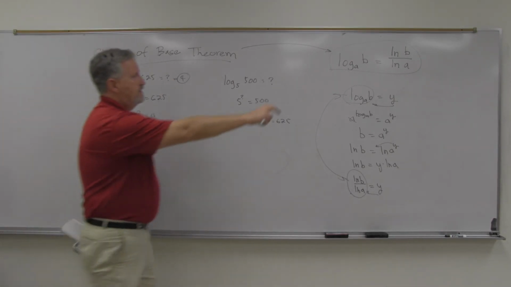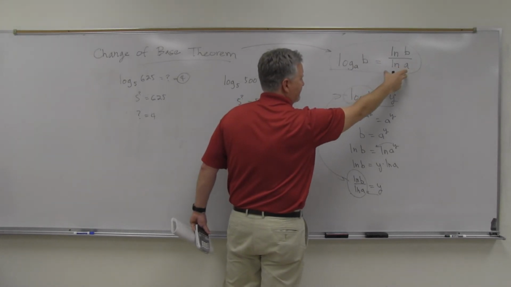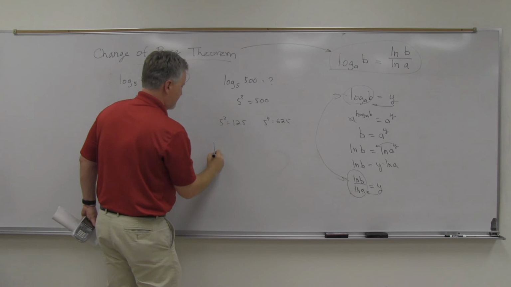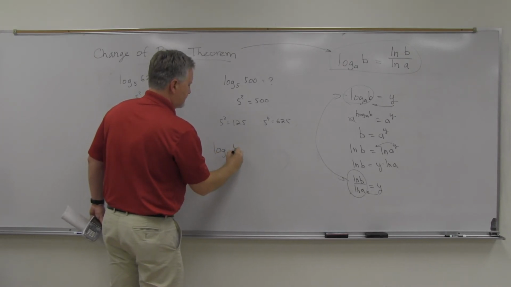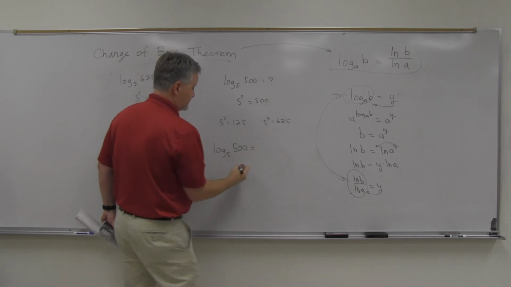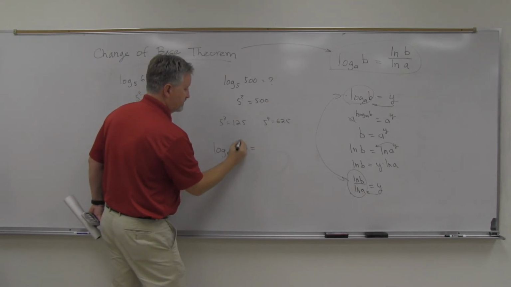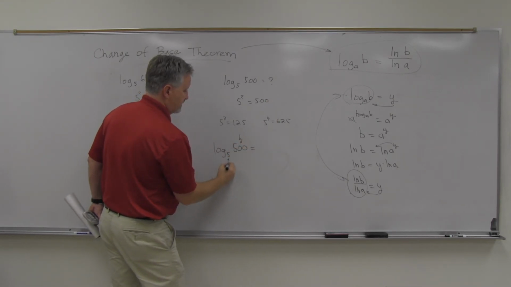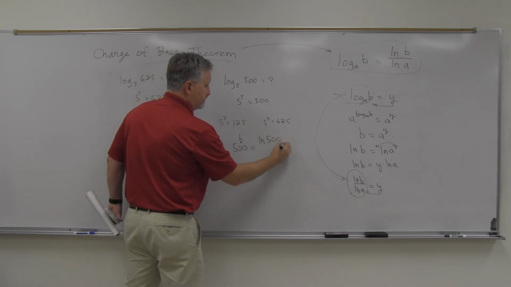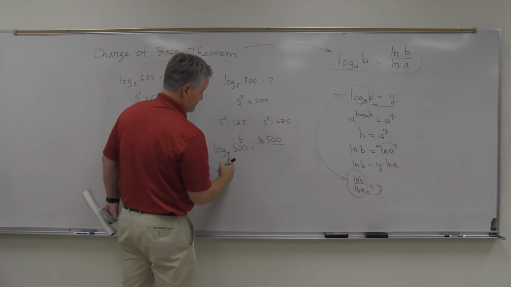All right, what we're really interested in is applying it. So back to this one. What is the log base 5 of 500? By the change of base theorem, take the ln of B, 500, divided by the ln of A, which is 5.